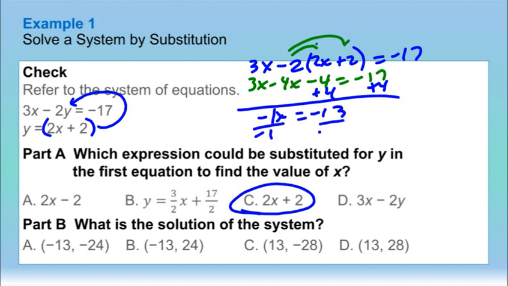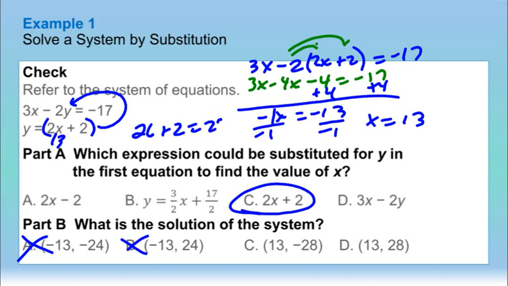Divide by negative 1. X would equal 13. So if x is 13, I know I can already eliminate A and B. Now if I put 13 here, 2 times 13 is 26, plus 2 would give us 28. The only answer that would be valid would be letter D, 13 and positive 28.